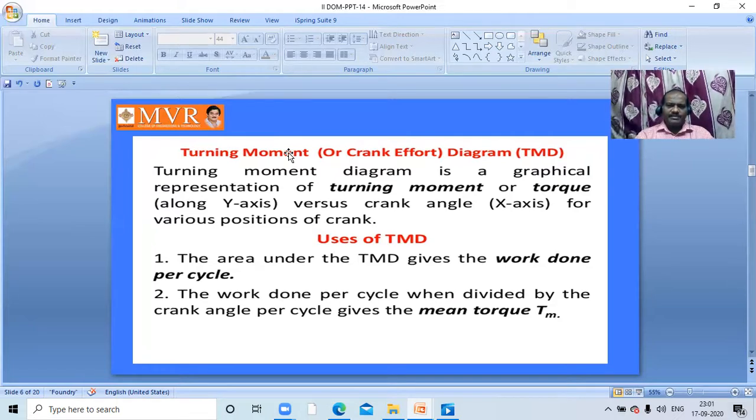Per cycle means from the starting position to once again reaching the starting position, that is called one cycle. The work done per cycle when divided by the crank angle per cycle gives the mean torque. So work done per cycle divided by the crank angle, that means from 0 to once again 360 degrees, gives the mean torque.